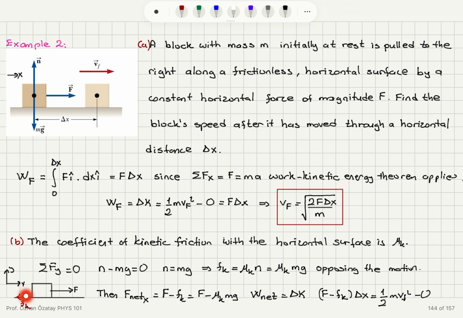If we add kinetic friction, this final speed will be reduced because part of the energy will be lost to heat. How can we calculate the final speed in this case? If you write the net force acting on the x-axis, F minus F_k, where the kinetic friction is mu k times the normal force mg, the work done by the net force on the x-axis is the change in kinetic energy of the system in the work-kinetic energy theorem.